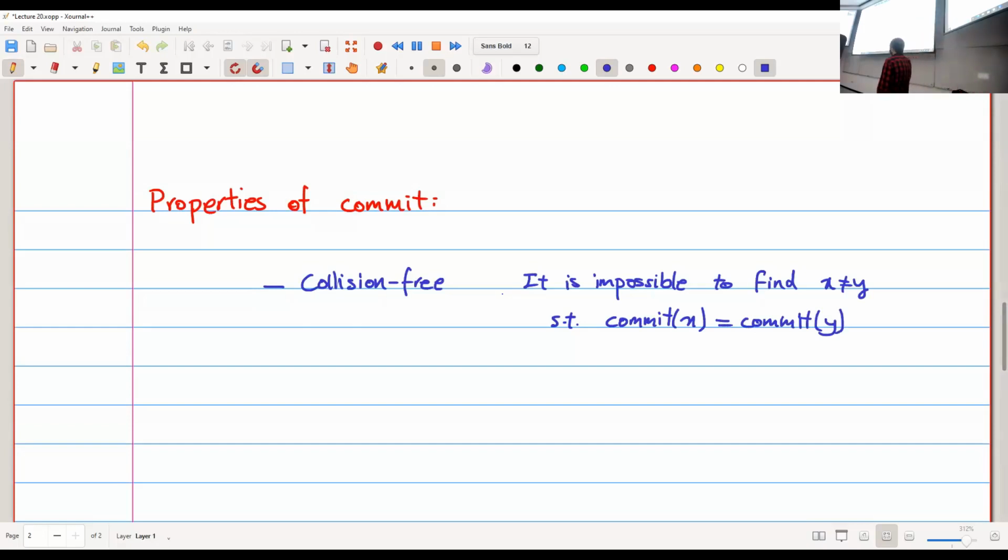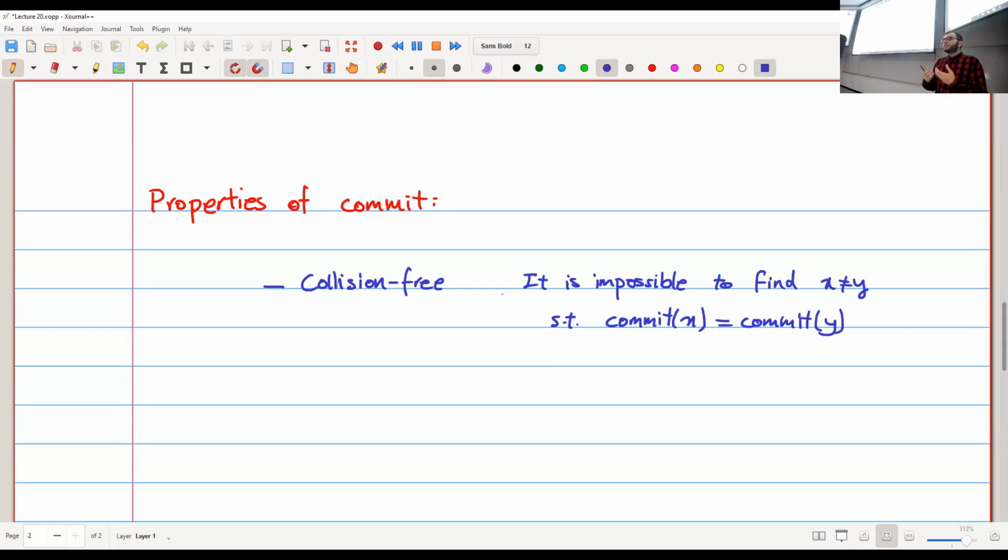Can I relax this? Can I say that I don't want my commitment function to have the collision-free property of hash functions? Not really, because that's the whole point of a commitment, right? So if as a player I can somehow find two different values, let's say x and y, and my commitment to x would be the same as my commitment to y, then I can just publish that commitment.